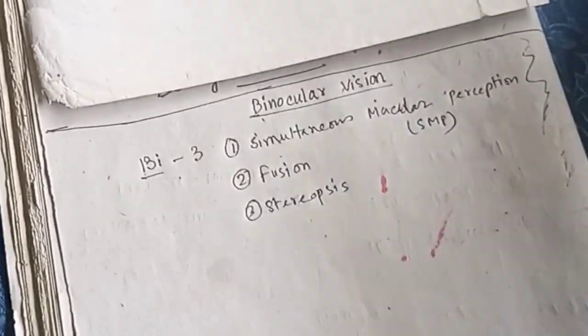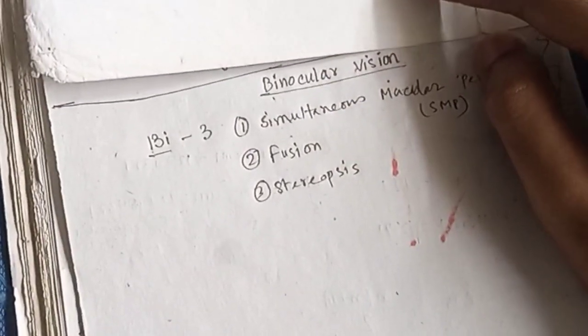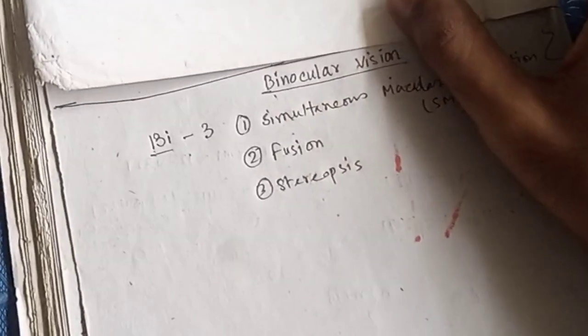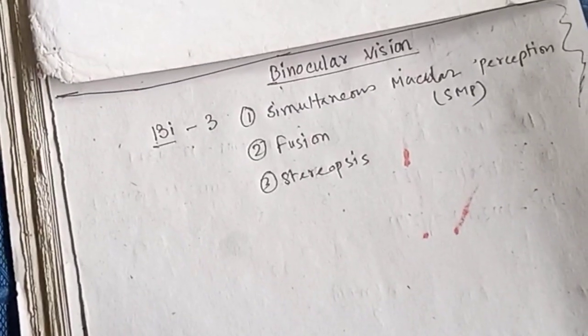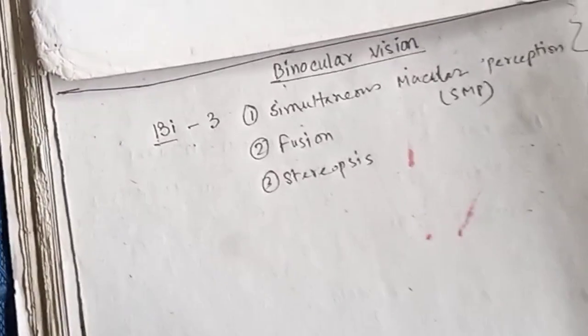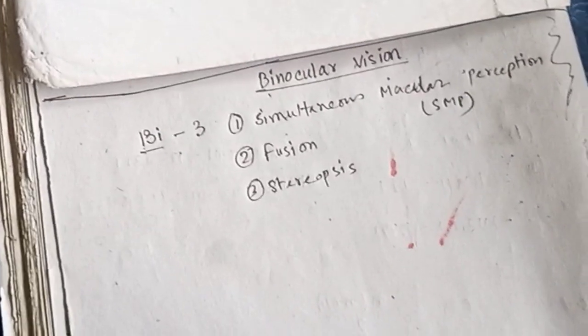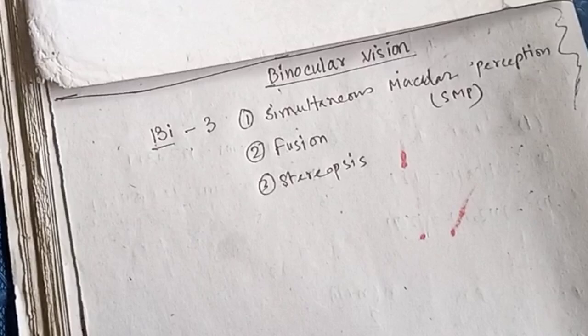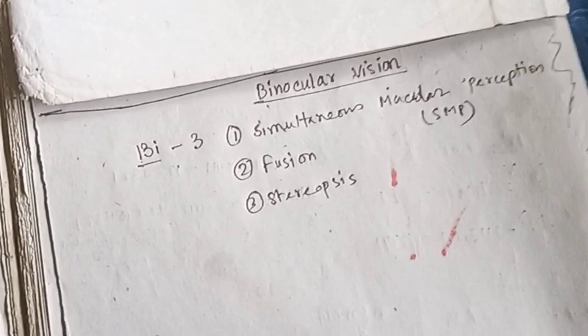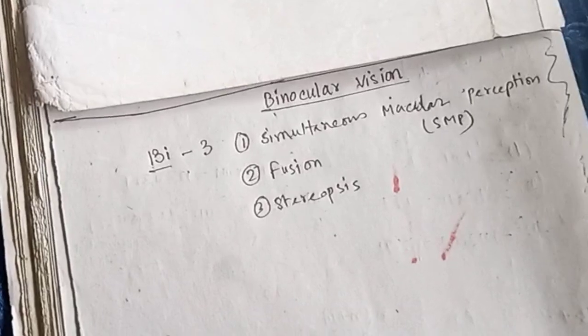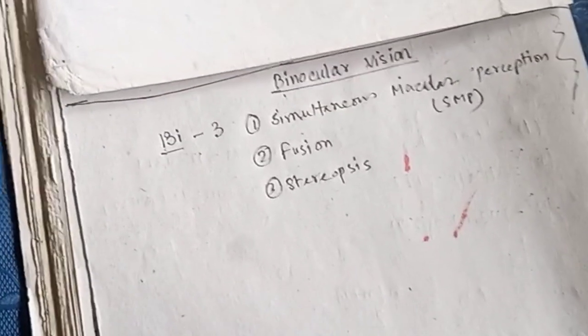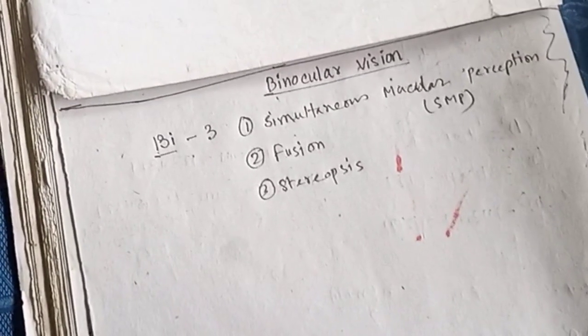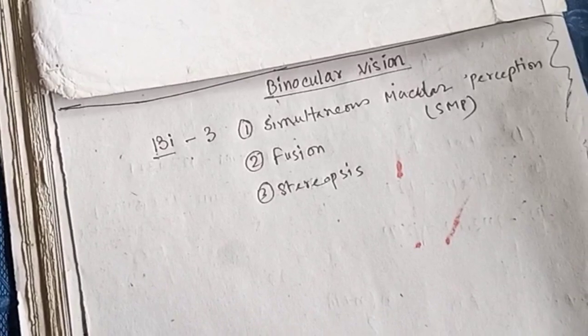These are the most important components of binocular vision, and they need to be present to make a complete binocular vision. So binocular vision is not a terminology, rather it is a process, and these are the steps in this process.